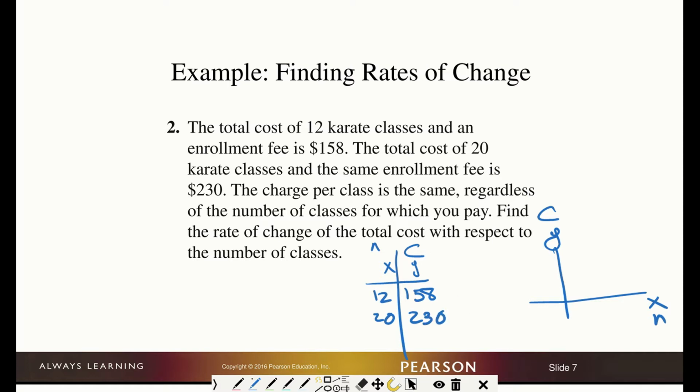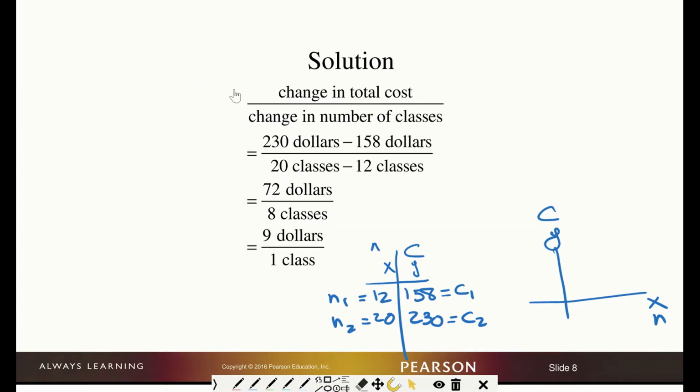So notice that this is C1, that's C2, this is N1, and this is N2, like that. So when we try to find the rate of change, we know it's going to be the change in total cost.